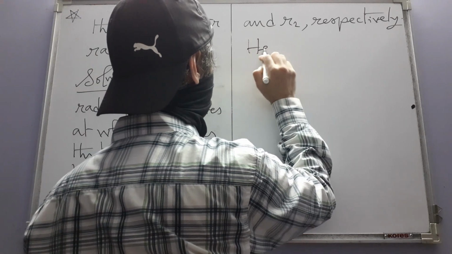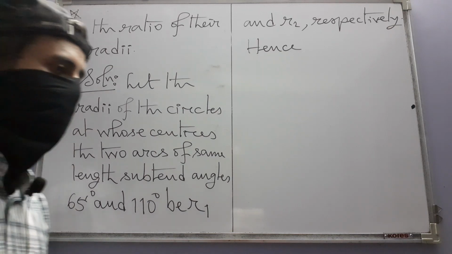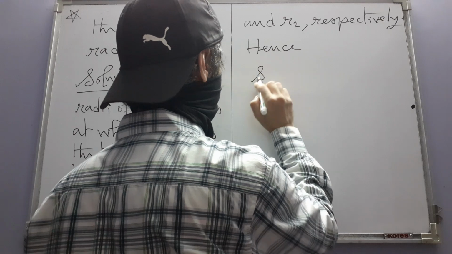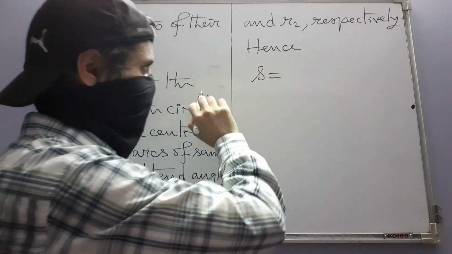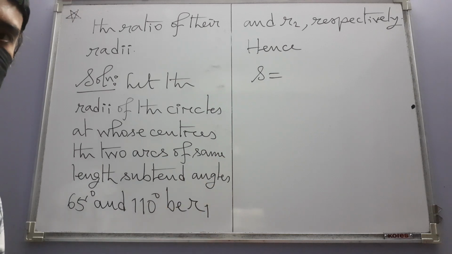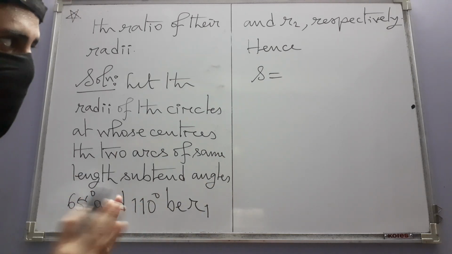Hence, for both the circles we have the same S. Actually, you will have to write many other things. Let S be the common length of the arcs, but I am not going to write all that much.